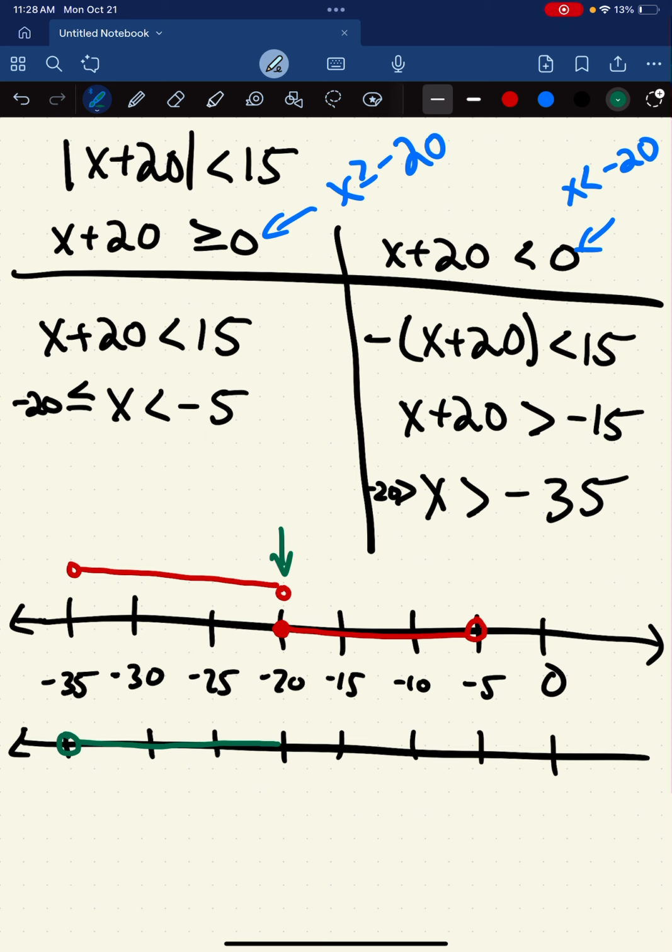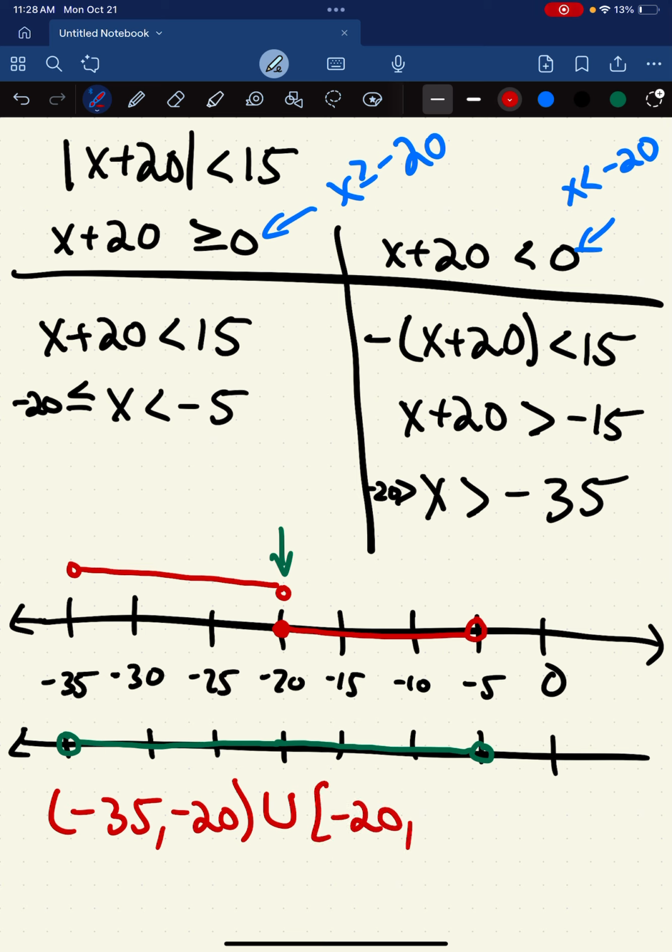At that point, we're saying basically there's nothing on the top, but there is something on the bottom, and since we're using an or, it still counts. So we can keep going up to here, to negative 5. And so on the top, we could write this as negative 35 to negative 20 union negative 20 to negative 5.